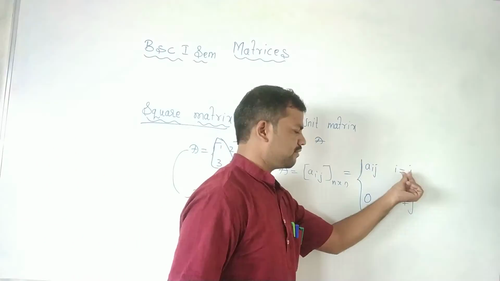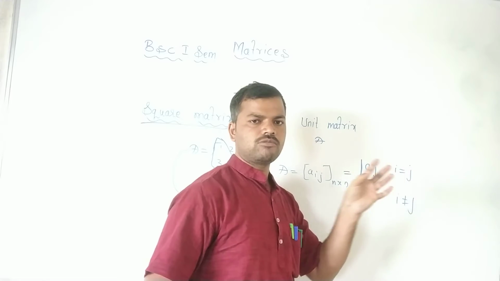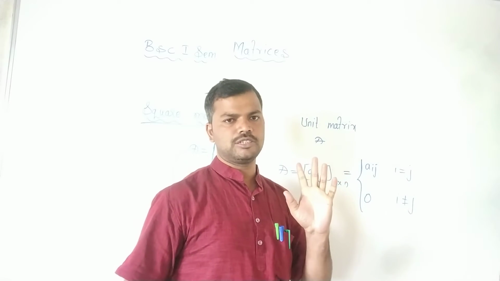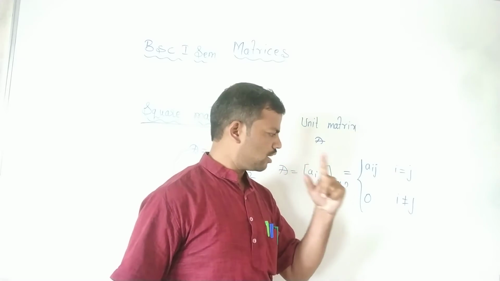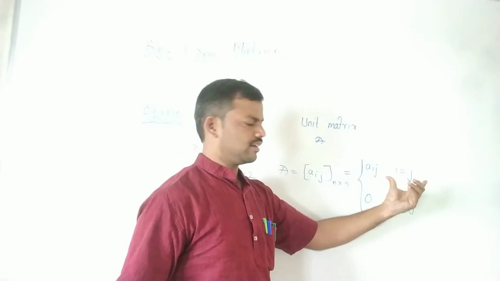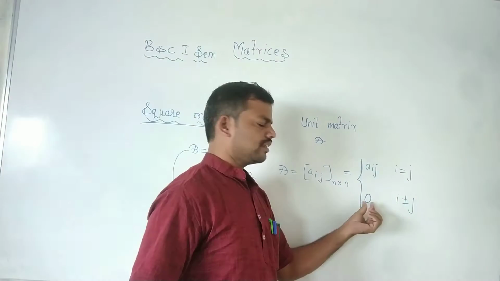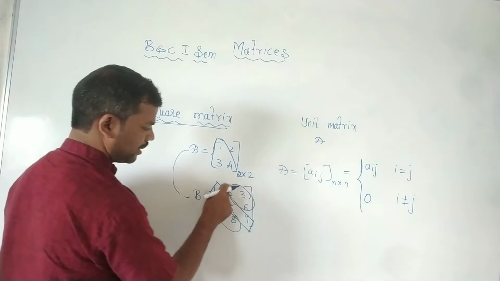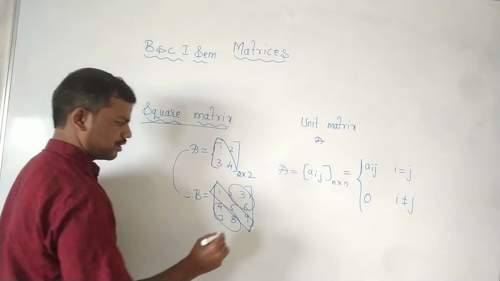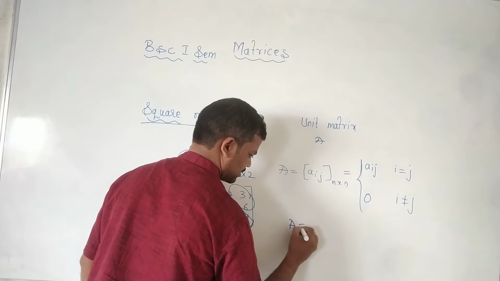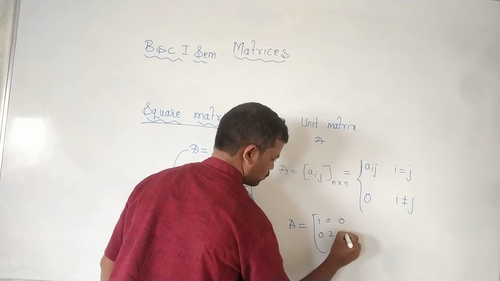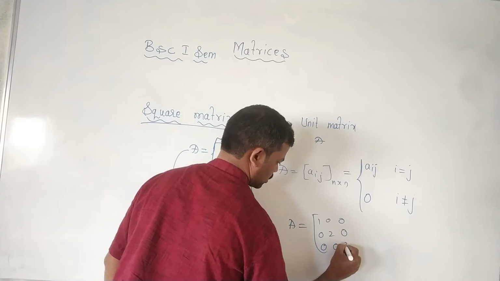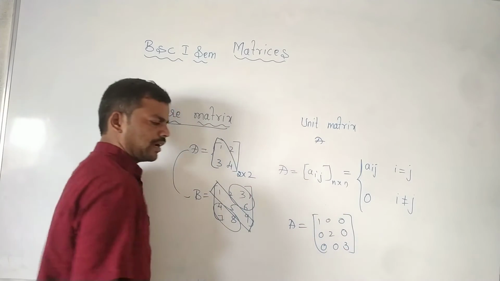When i equals j, they are diagonal elements. When not equal, they are 0, meaning the remaining non-diagonal elements are 0. For example, A = 1 0 0, 0 2 0, 0 0 3. It is a 3 cross 3 matrix.